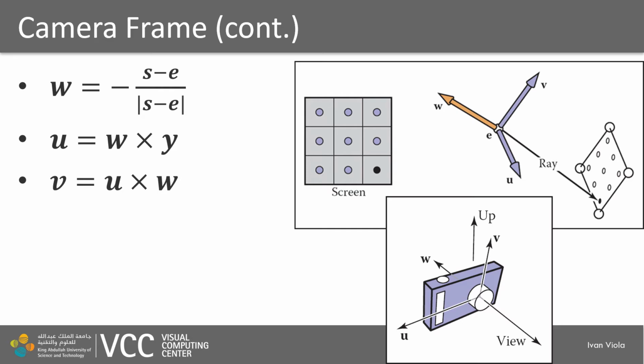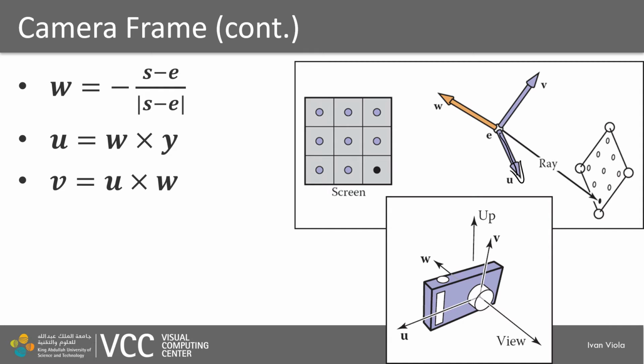Now, if we have the up vector of a scene, which we defined as y on the previous slide, then if we create a cross product between w and y, we can create the u vector, which will be perpendicular to both w and y.